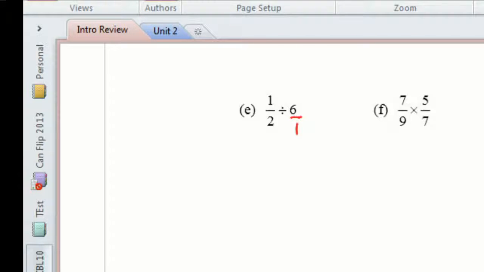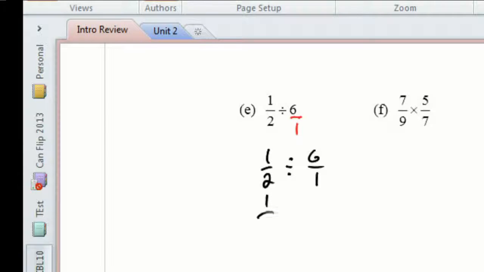So I'm just going to rewrite this as 1/2 divided by 6 over 1. It's just the exact same thing. Now, when we deal with fractions, we never divide fractions. We always multiply by the reciprocal. You likely learned it as kiss and flip, if you remember that.